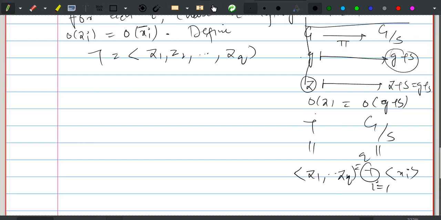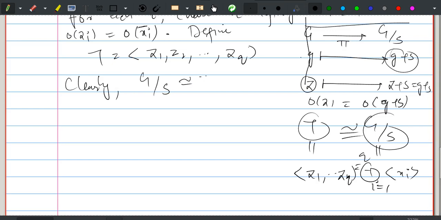So this means T and G mod S are isomorphic.